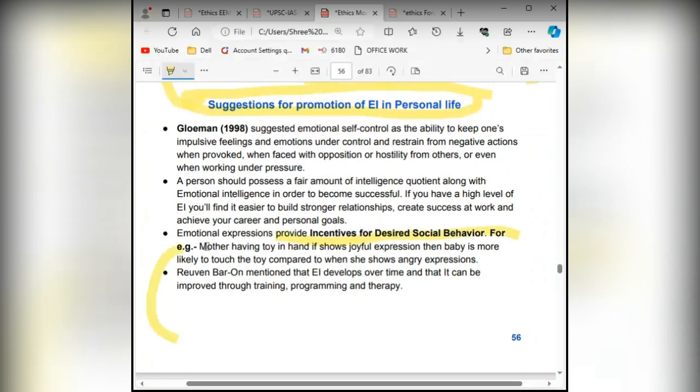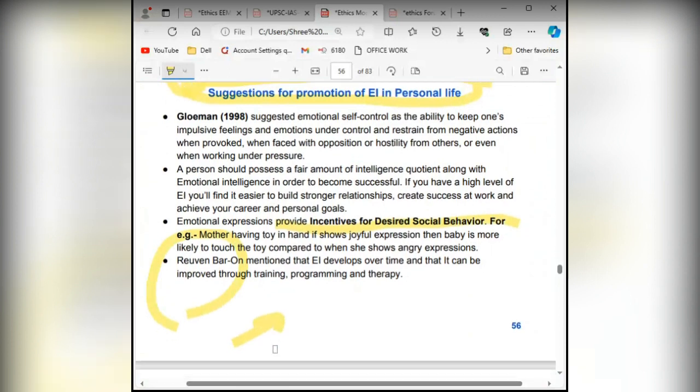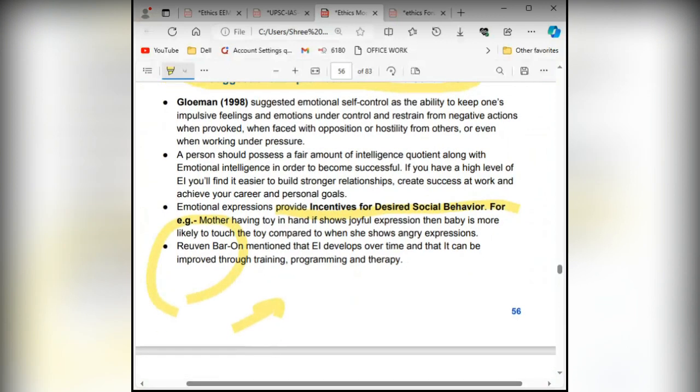This one is a good point which I found: after a long time of being in a depressed situation, once you work upon your emotions through meditation, yoga or any kind of mental therapy sessions, it helps.